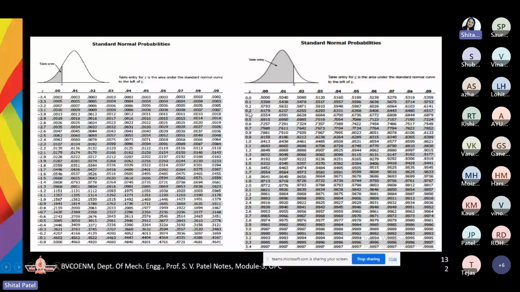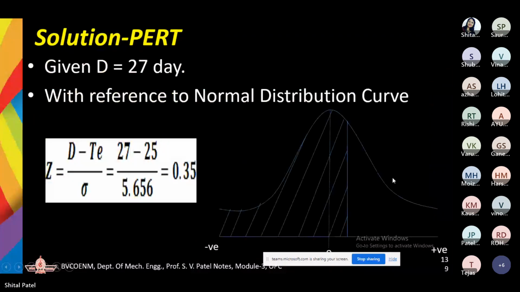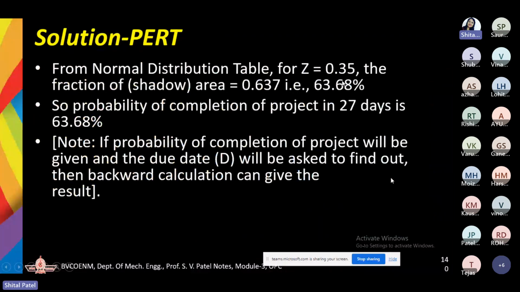Yeah, in 0.3, just move towards the 0.05. So here you will be getting the value for 0.35, which is 0.6368. Multiply it by 100. So you will be getting 63.68 as the probability of getting your project completed in 27 days.